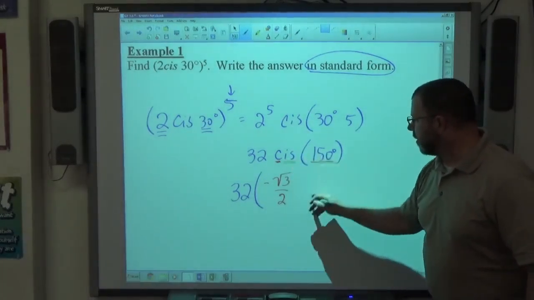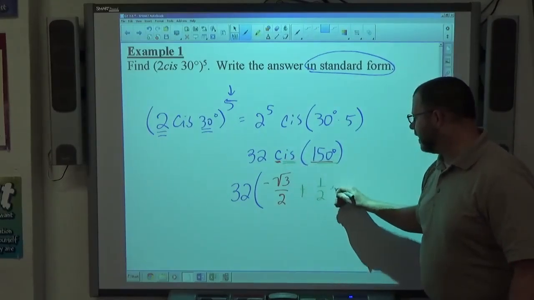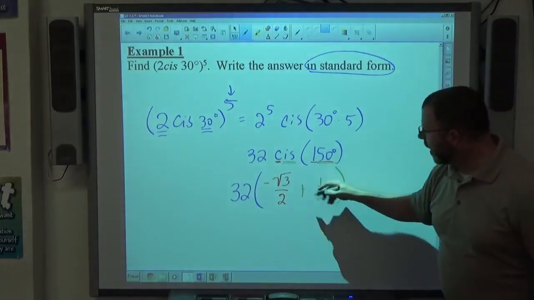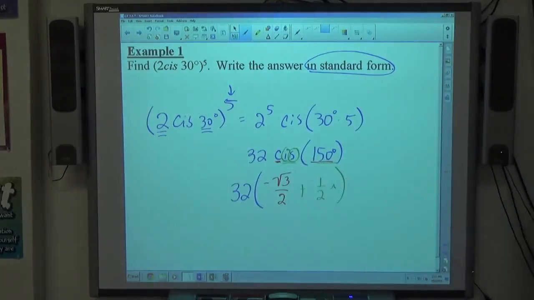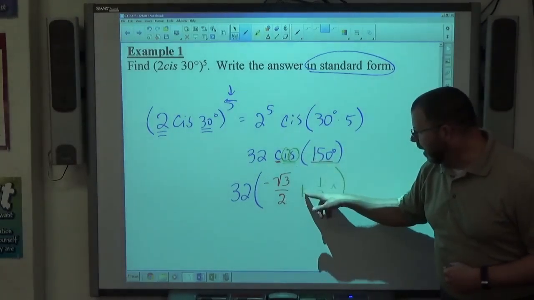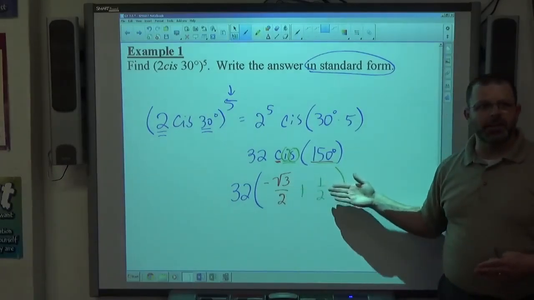So sine of 150 is positive 1/2, and then the i is just part of that. So the 1/2 is the sine, and the i is just i. All right, so that's all that is. I'm doing cosine of the angle plus i times sine of the angle. That creates a real piece and an imaginary piece.